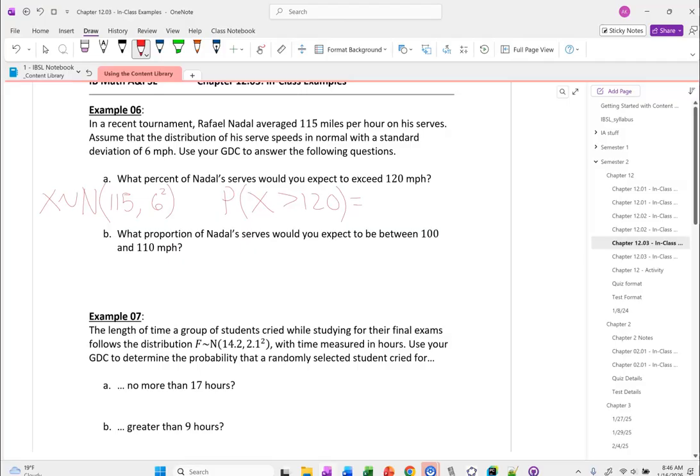So you go and do your normal CDF. Yeah, so the 3 sig figs, or 20.2, I guess. Yeah, 20.2. Yeah, that's fine.